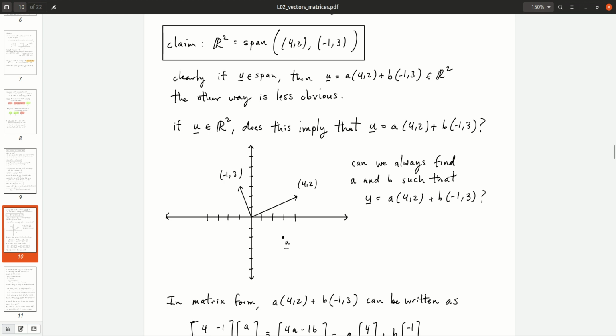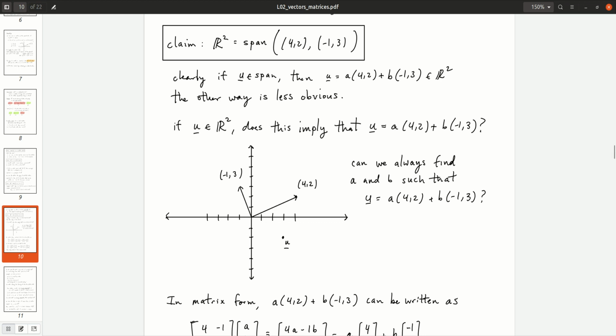So I'm going to do the easy one first. The easy one is to show that if you have a member of the span of 4, 2, minus 1, 3, it's automatically in R2. So if U is in the span, then we can write U as A times 4, 2 plus B times minus 1, 3. And I haven't written this all out, but this is just going to be equal to A4, A2 plus minus B, 3B.